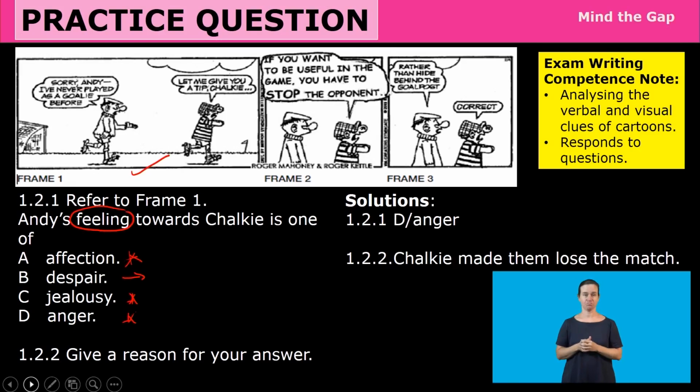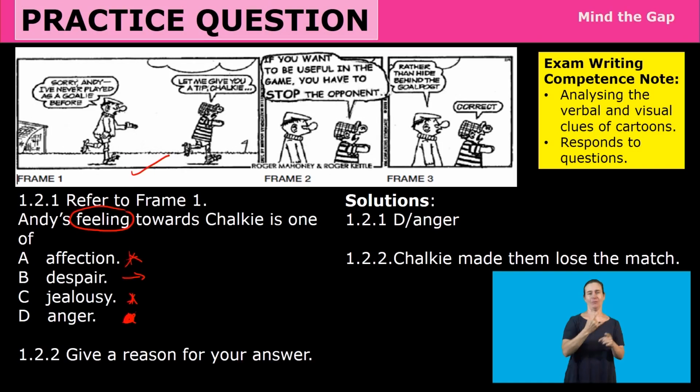So, okay, he's feeling anger. Can we make a correction on that one? He's feeling anger. And then also, Chalky made them lose the match. So he wasn't playing the goalie very well. He didn't do very well what he was supposed to do. And Andy is not impressed with him.